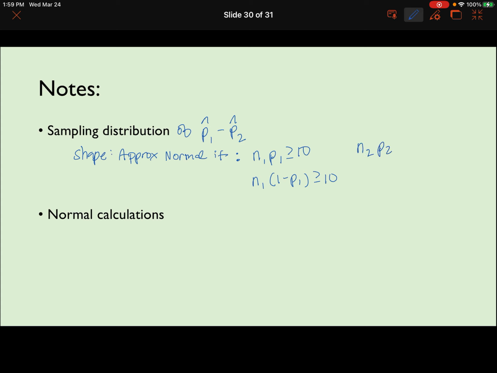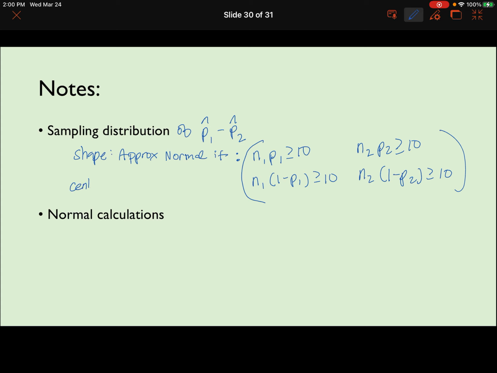N2 times P2 is greater than or equal to 10, and N2 times 1 minus P2 is greater than or equal to 10. Basically, what this means in terms of our problem is that we would expect to see at least 10 orange M&Ms, at least 10 non-orange M&Ms, at least 10 orange Skittles, and at least 10 non-orange Skittles. If all of those are true, we can say that it will be approximately normal.